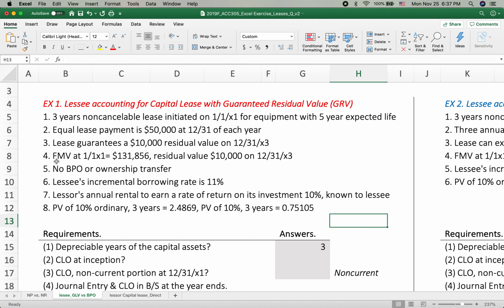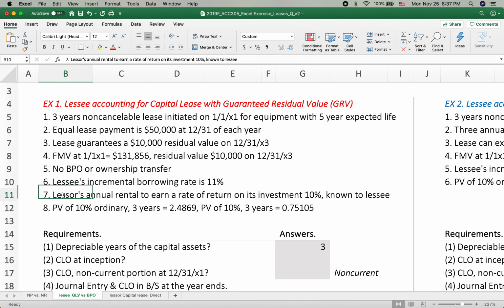Okay, let's read further. The fair market value at January 1st, year 1 is $131,856 with the residual value $10,000, which is the same amount. Then there is no bargain purchase option or ownership transfer. That means, again, the lessee will return this capital lease asset to the lessor after the lease term.